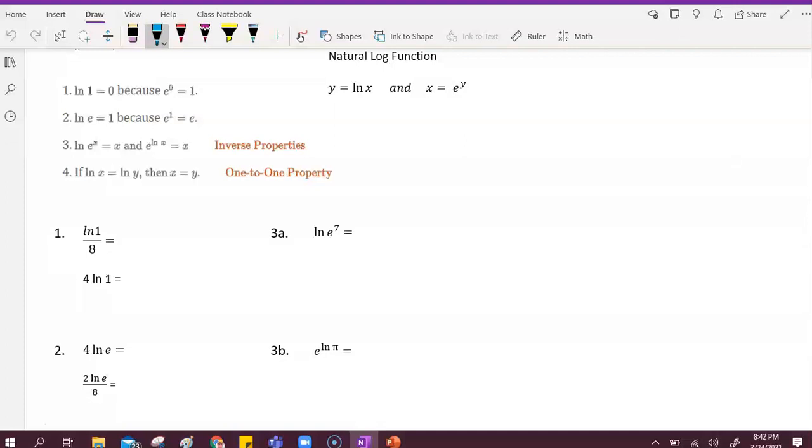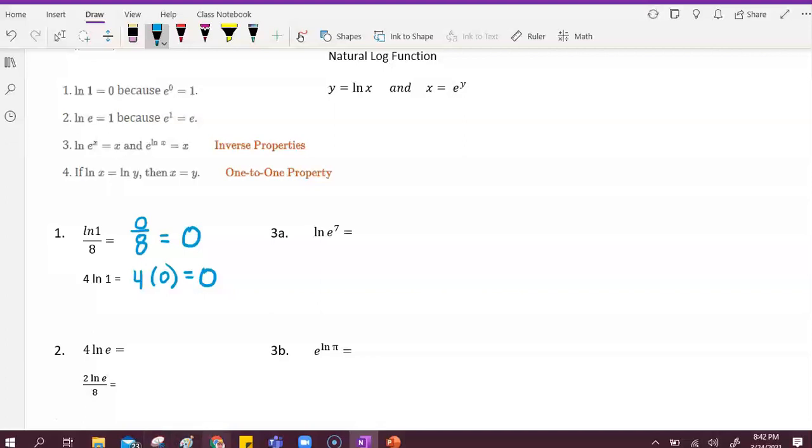So natural log of 1 is 0. I have 8 in my denominator, and 0 divided by 8 is 0. Okay, the natural log of 1 is always 0, and 4 times 0 is 0.